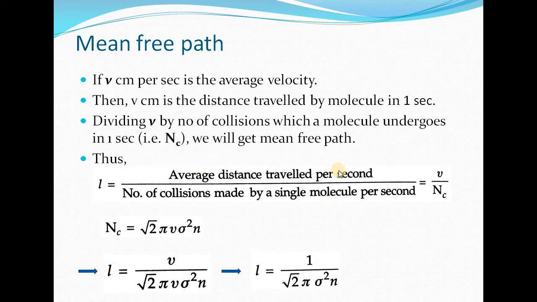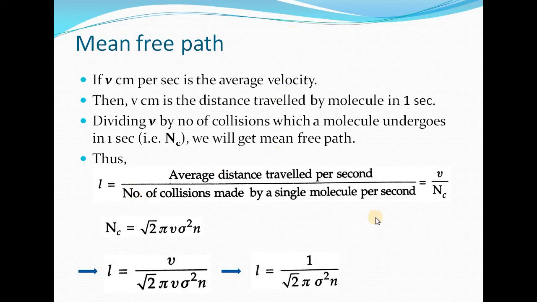Dividing this average distance traveled per second by the number of collisions made by a single molecule per second will give you the mean free path. Total distance divided by number of collisions gives the distance traveled in one collision, that is the average distance traveled in one collision, and that is known as mean free path.